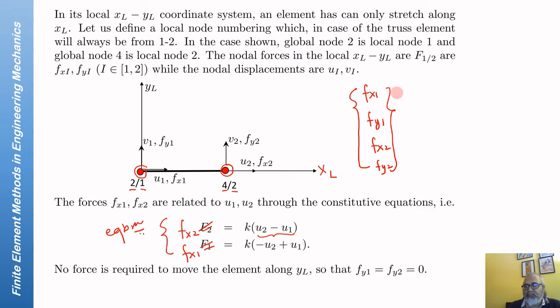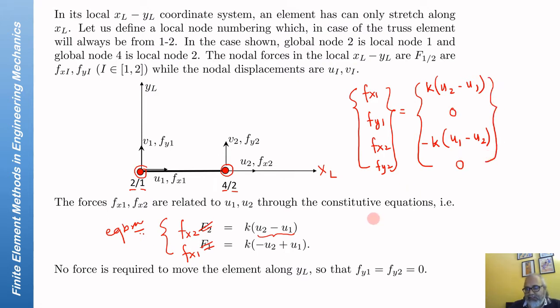So Fx1 can be written as k times (u2 minus u1), Fx2 can be written as k times (u1 minus u2). Fy1 is 0, Fy2 is 0.